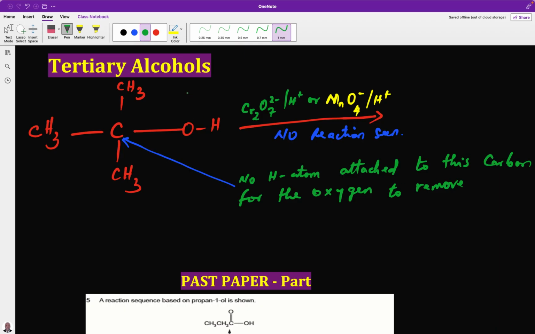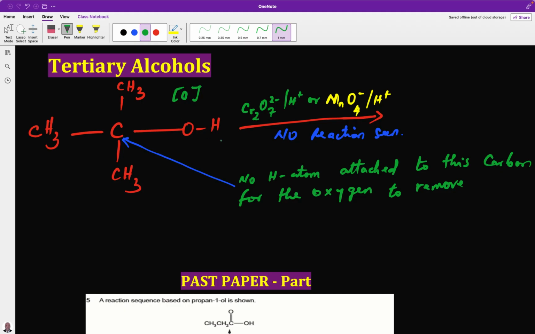Remember I said if we add an oxygen here, oxidation is addition of oxygen. Since there is no hydrogen attached to this carbon atom having the functional group, like in the previous cases, and all are alkyl groups, oxidation will not occur.